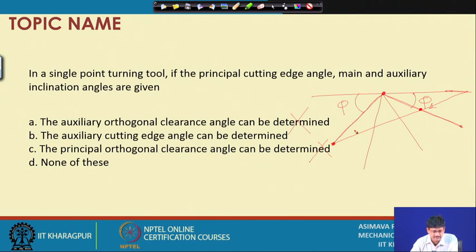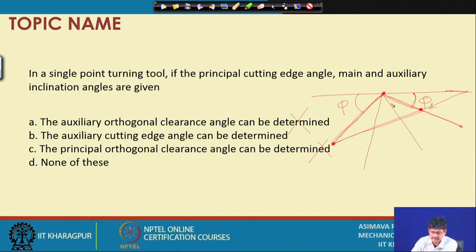But the problem is that this information has not been provided. If the auxiliary cutting edge angle is given, I can find out a third point in the rake surface, and I can join these three and say that this represents the rake surface, but there is not complete information.